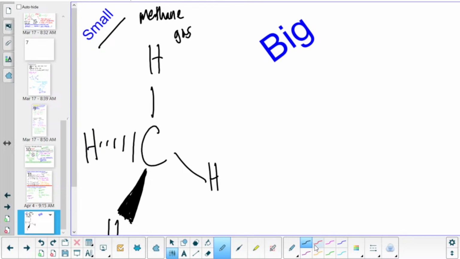Versus, we could draw the exact same molecule, but instead of connecting it to hydrogen, connect it to chlorine.